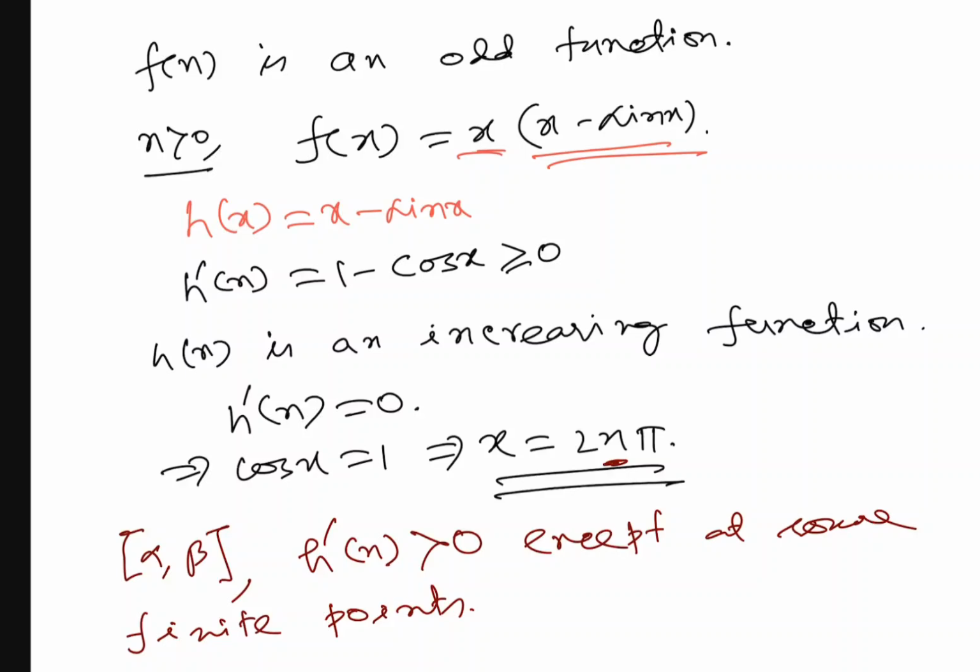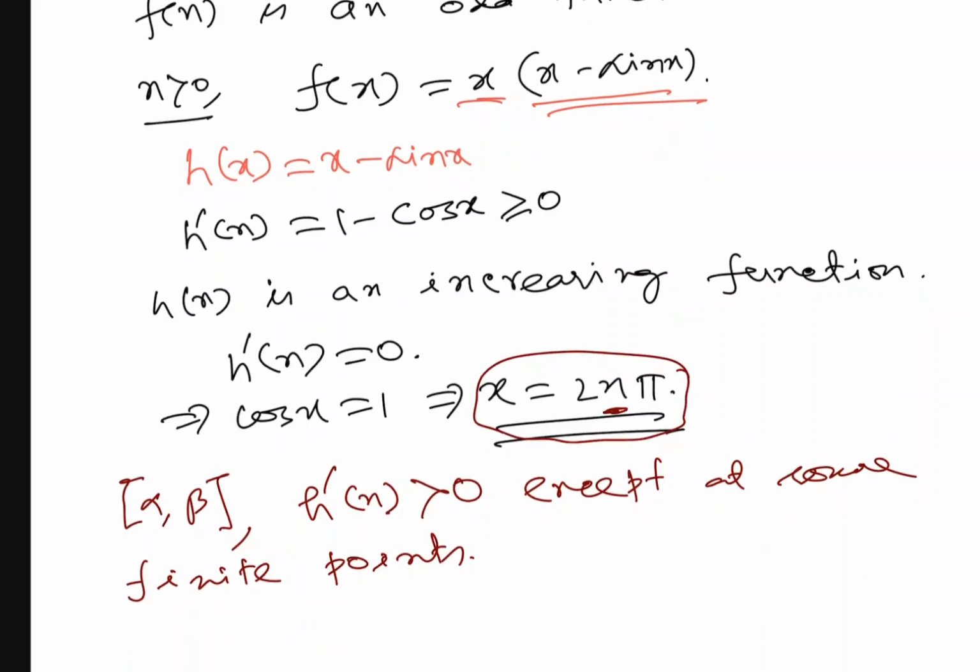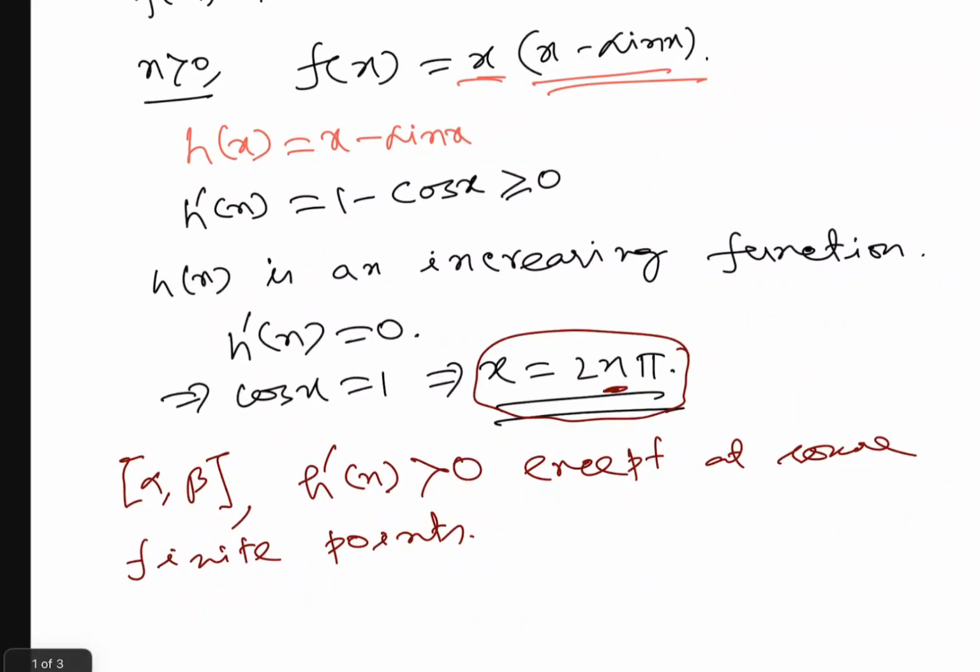So if we consider any interval, the points of the form x = 2nπ occur only a finite number of times. So in this interval alpha and beta, it will be always positive except at some finite points. Then we will use Lagrange's mean value theorem, and we can see that h(x) will be strictly increasing.